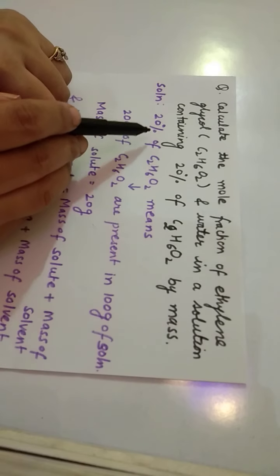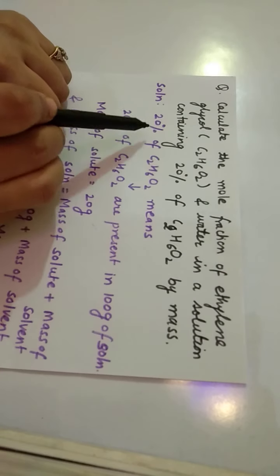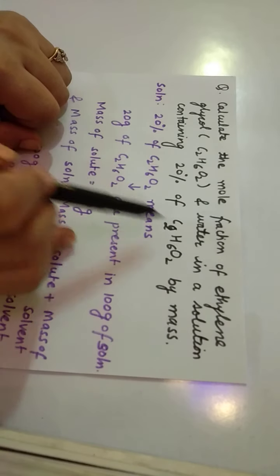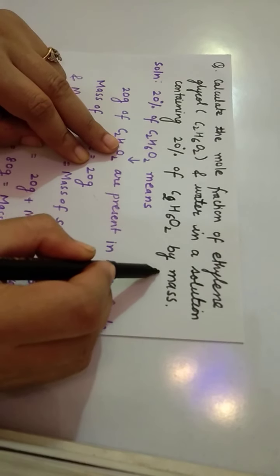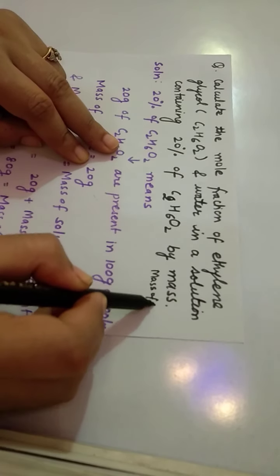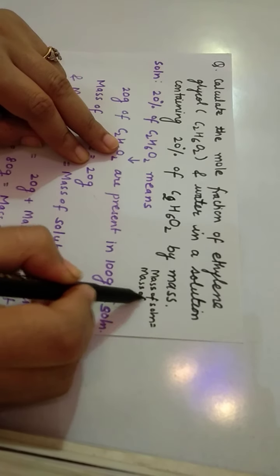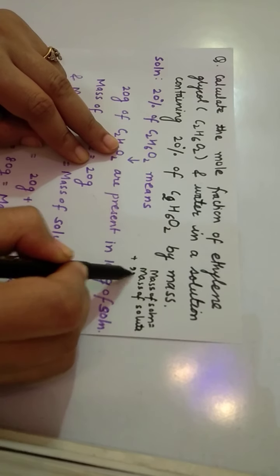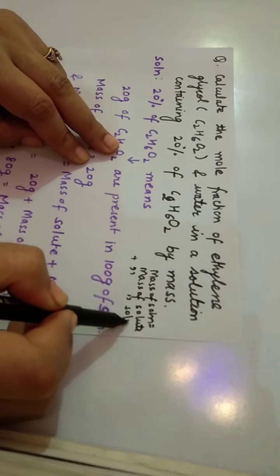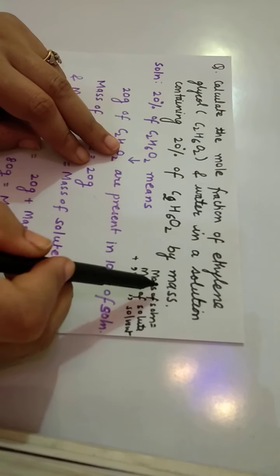Children, whenever it is 20%, you make it gram. So you can write 20 gram of ethylene glycol. And children, you know mass of solution is equal to mass of solute plus mass of solvent, right?